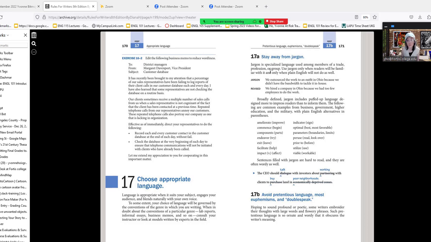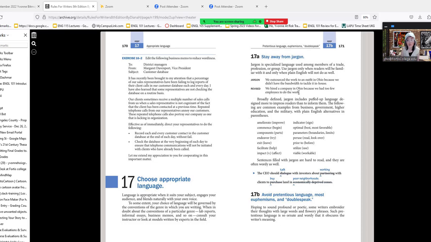Jargon is specialized language used among members of a trade, profession, or group. Use jargon only when readers will be familiar with it, and only when plain English will not do as well. Jargon: We outsourced the work to an outfit in Ohio because we didn't have the bandwidth to tackle it in-house.